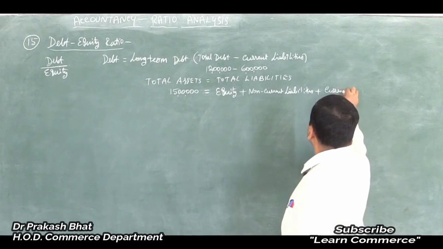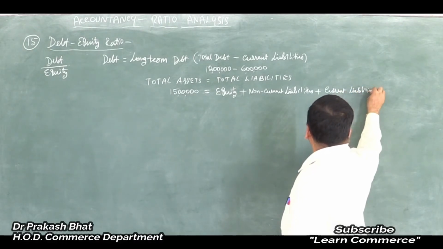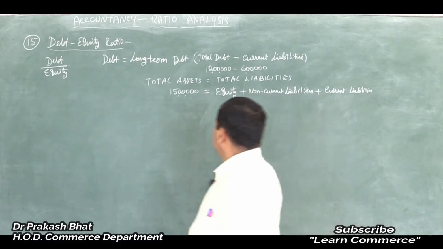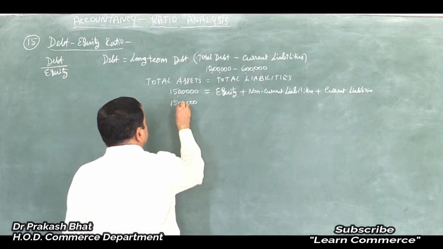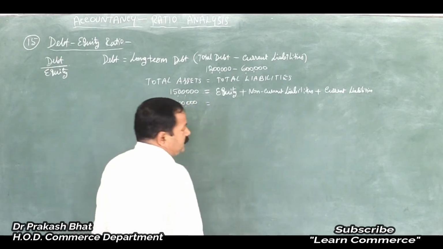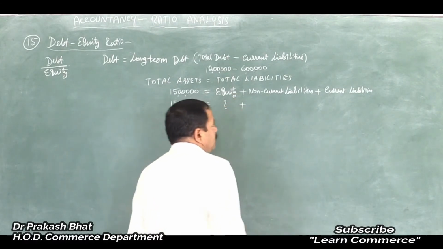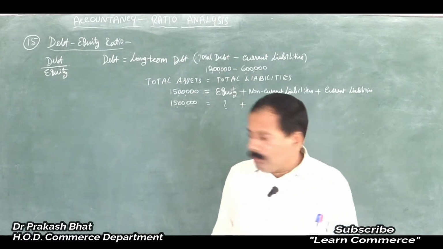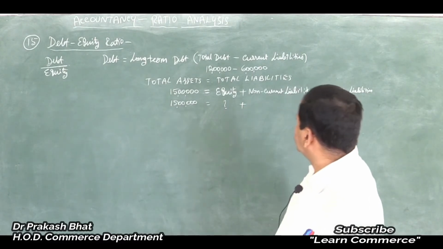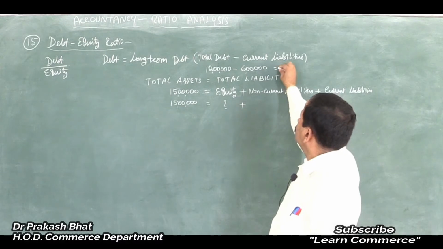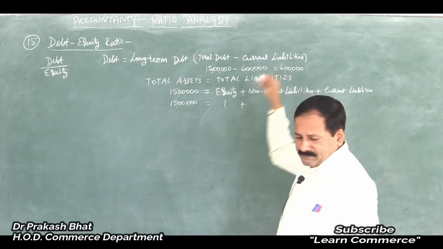Am I correct? Very simple. 15 lakh is equal to equity, which is not given in the problem, so question mark, plus non-current liabilities, which is already known to us. How much is it? 6 lakh. Is that correct?